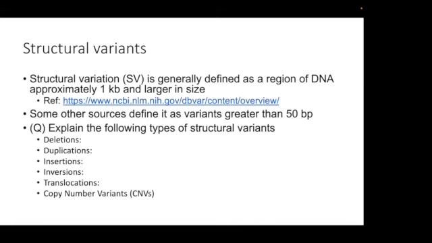Some part can be inserted, deleted, inverted, put into another location, translocation. All these things can happen. And multiple regions can, in a complicated way, mix and match and combine.